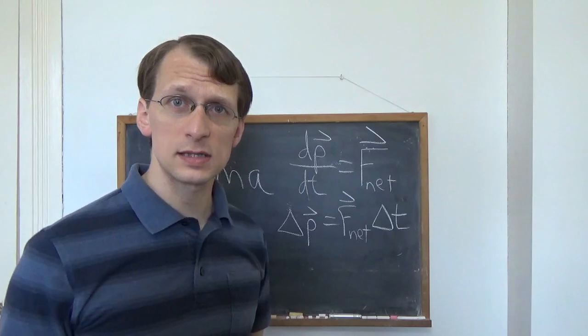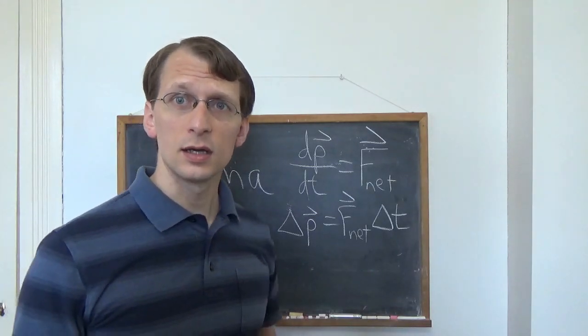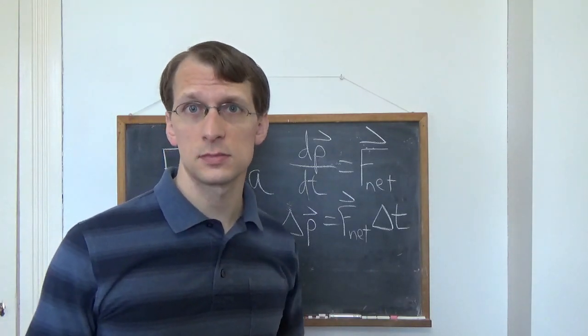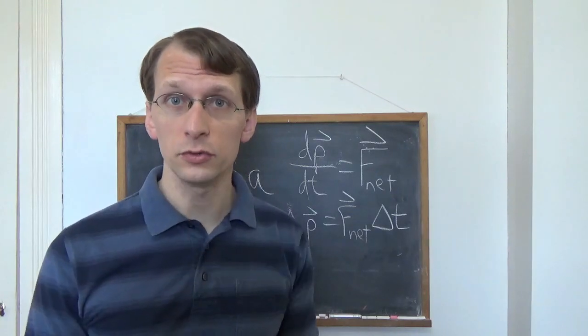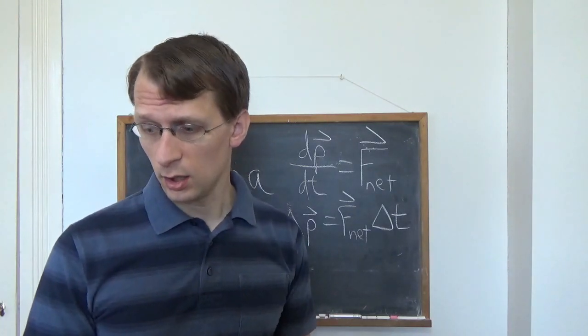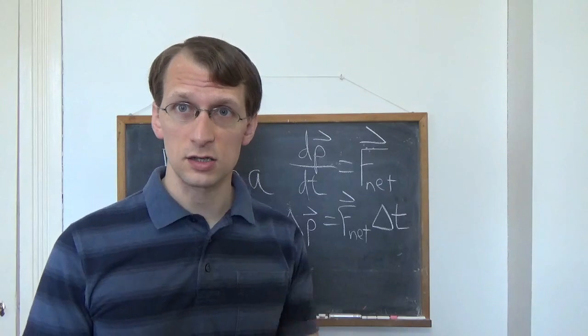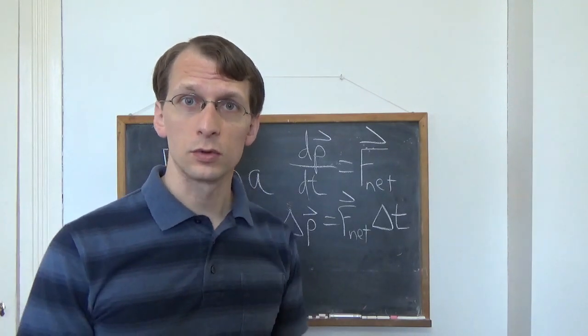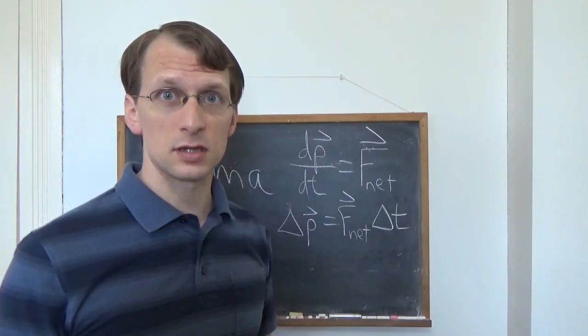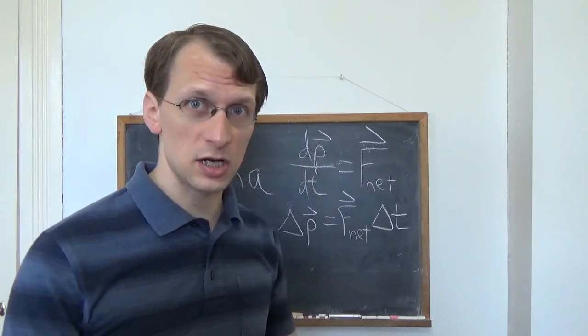And many times you'll see it written like this, with delta p equals the net force times time. And that's how Newton expressed his second law, that the change in momentum equals the net force times the duration of the interaction, the change in time.